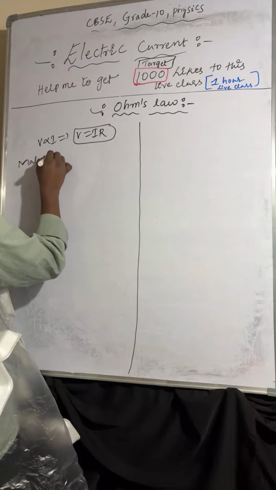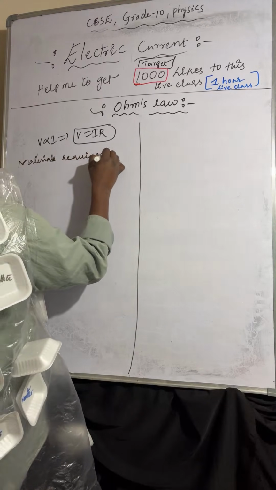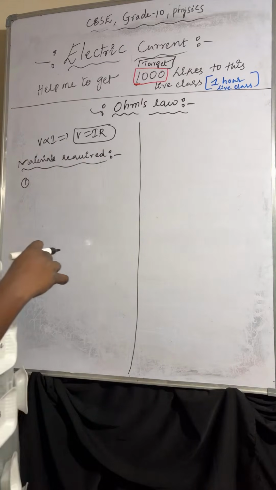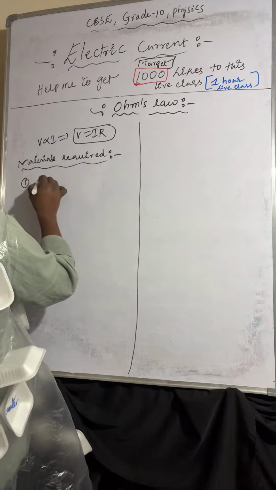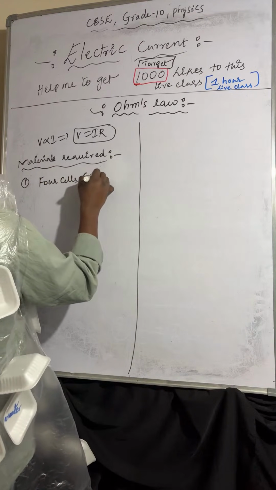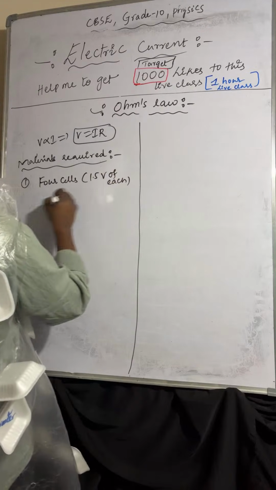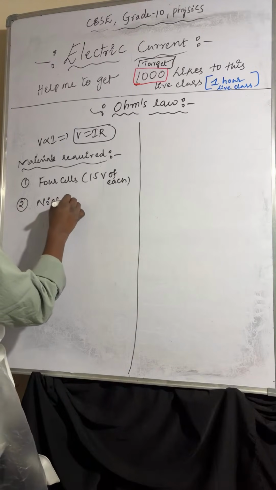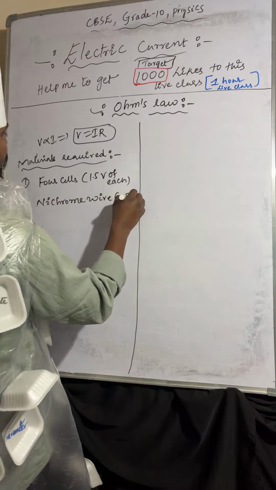So coming to the materials required. What are the materials required? First one, 4 cells of 1.5 volts each. Next, nichrome wire of 0.5 meter.